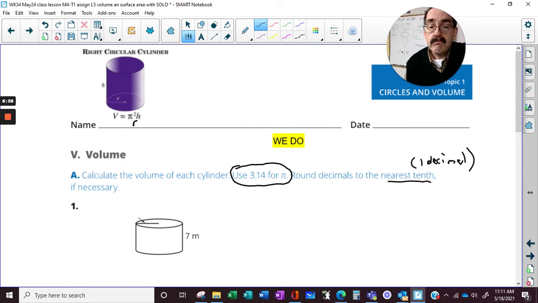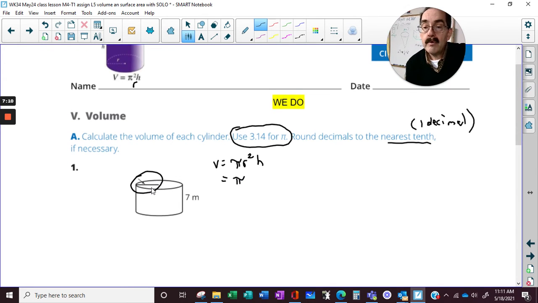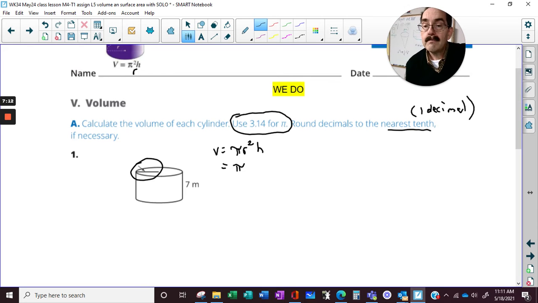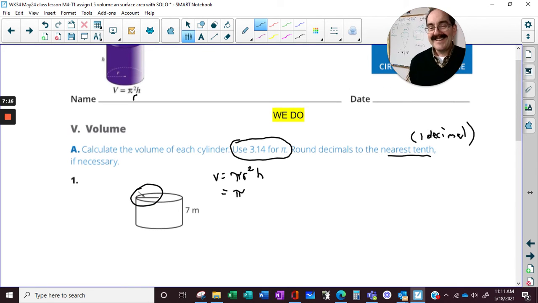So, step 1, volume, pi r squared h. There's no r? Ah! Gotta make one up. All right, pause the video. Everybody in class, make up a number.